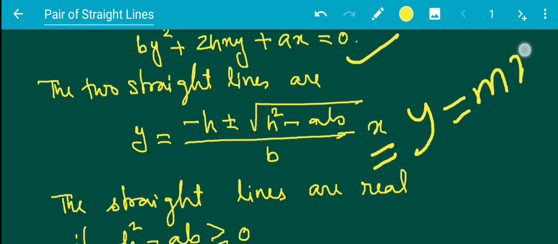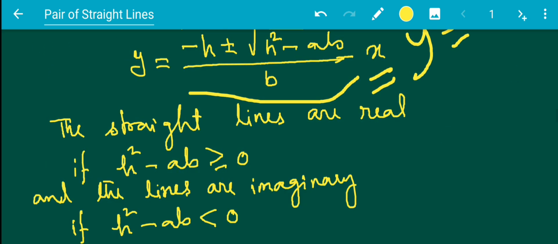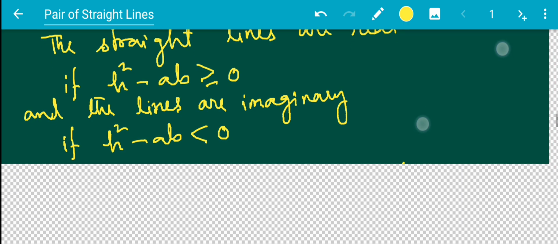Okay, this portion is your m. Now you can easily see that this m is real if h square minus ab is greater than or equal to 0, and imaginary if h square minus ab is less than 0. So when we are talking about real lines, in that case by default we consider h square minus ab to be always greater than or equal to 0.